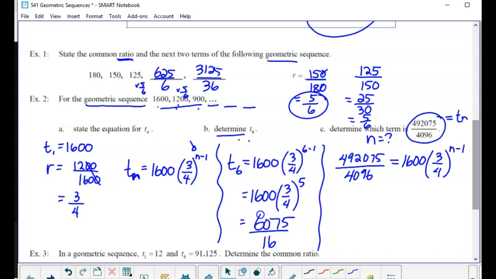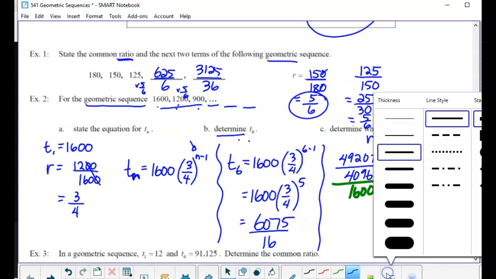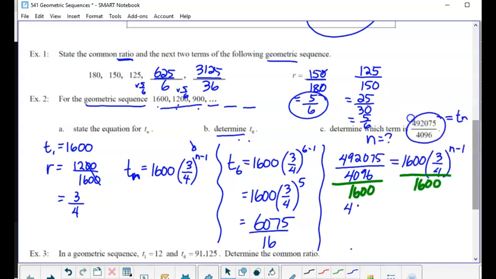But right now, just want to divide both sides by 1600. You can use your calculator if you want. Actually, yeah, let's use it because then it'll reduce it right away.